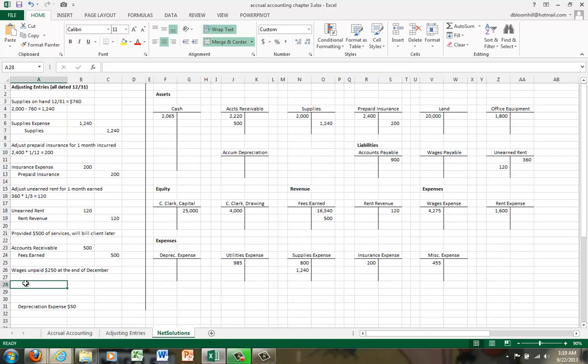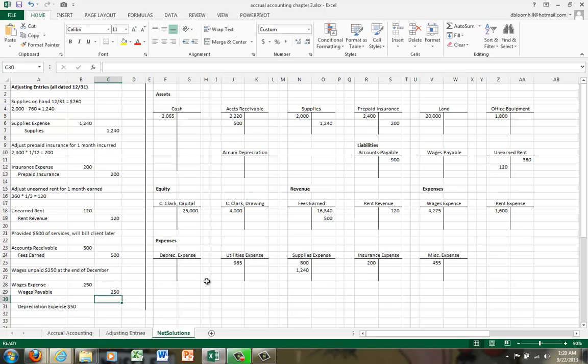So since they've given us the amount $250, we are going to debit the wages expense account for $250, and we're going to credit wages payable for $250.